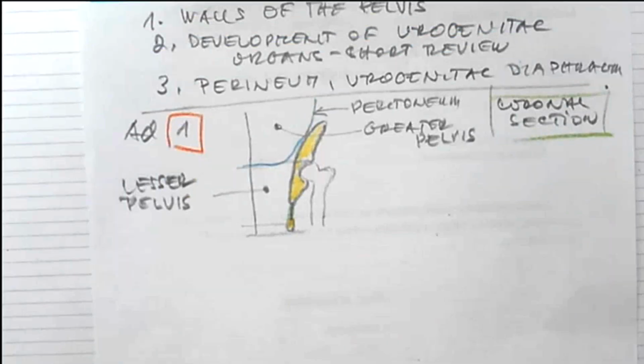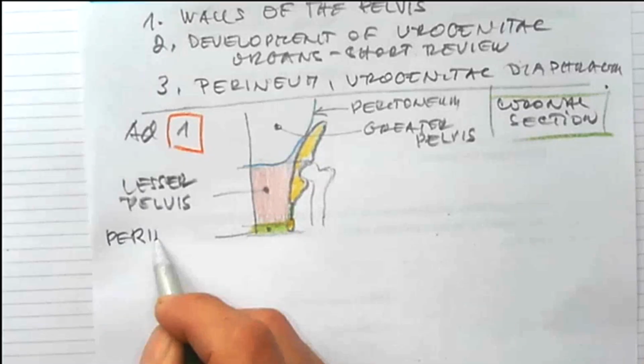So we color the cavity, which lies at the center of our interest now, the lesser pelvis, and then using light green, for instance, there is also one relatively narrow space, which is called the perineum, or perineal region. Both terms can be used.